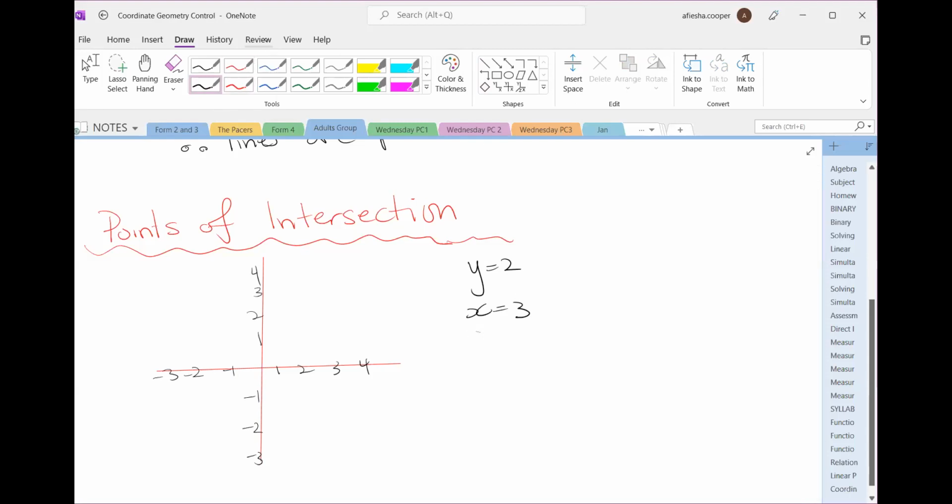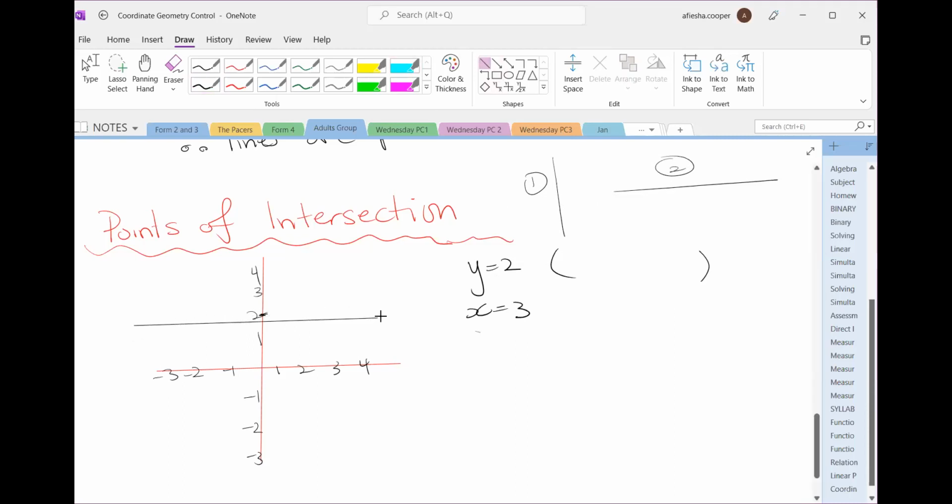Now, where's the line y is equal to 2? Is it a horizontal line or a vertical line? Horizontal is this way, vertical is this way. So y equals 2 is at this point here, and therefore we go across.